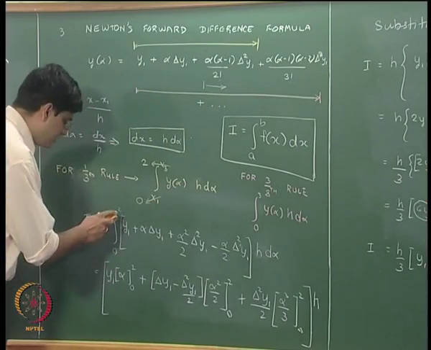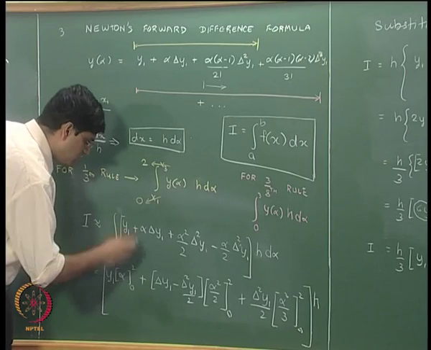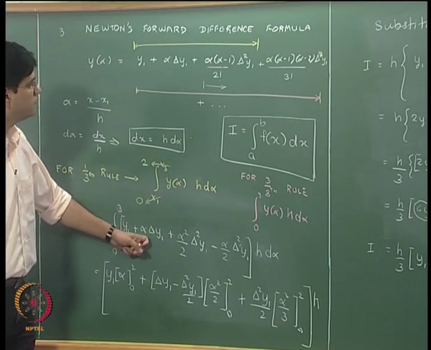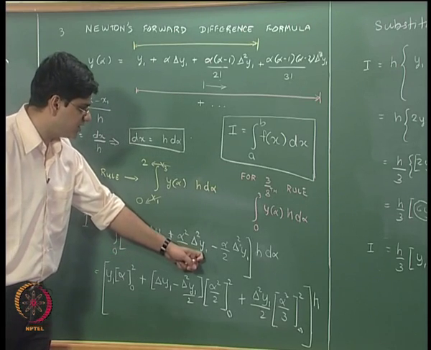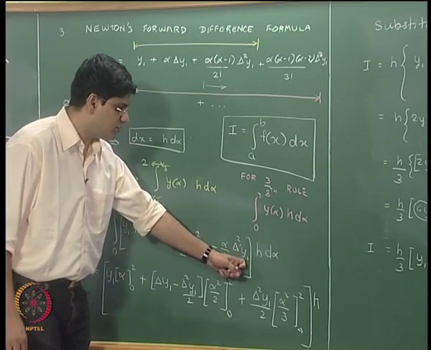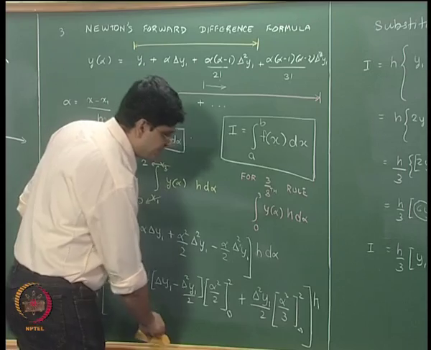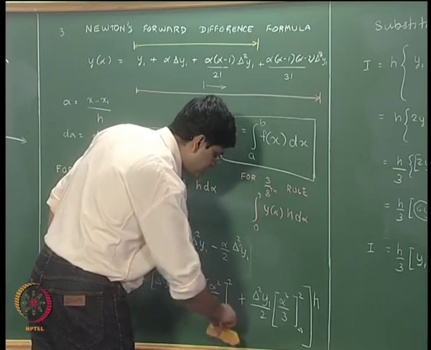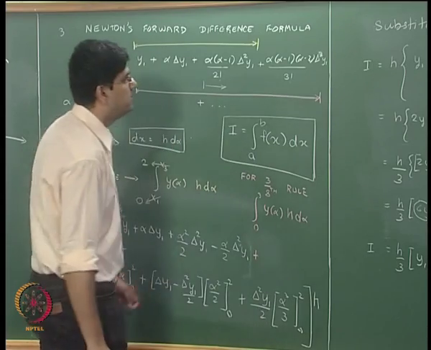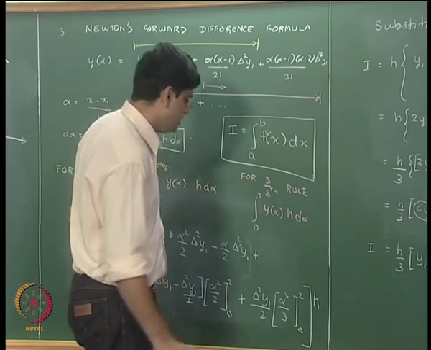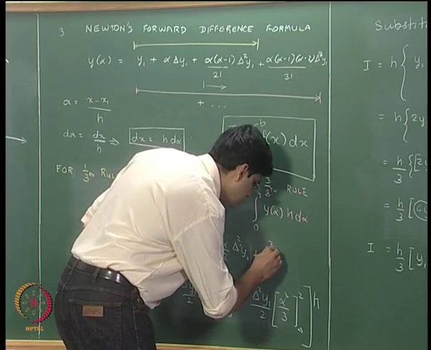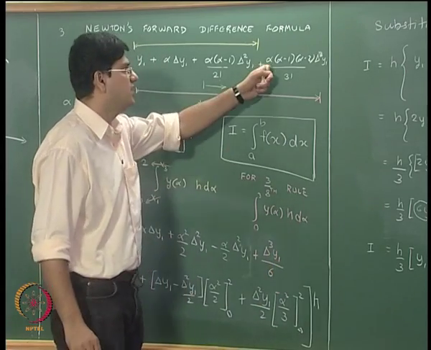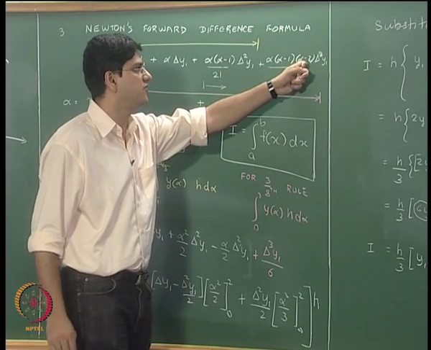In order to modify this, instead of going from 0 to 2, we need to go from 0 to 3. We have y1 plus alpha delta y1 plus alpha squared delta squared y1 minus alpha by 2 this guy, and I have an additional term over here, and that is going to be plus delta cubed of y1 by 3 factorial, which is 6, multiplied by alpha multiplied by alpha minus 1 multiplied by alpha minus 2.